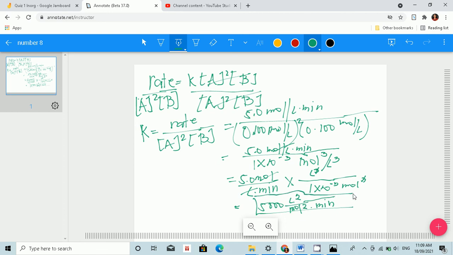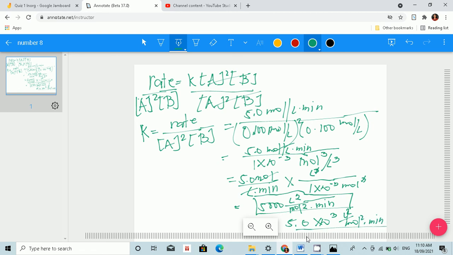So that's our answer, or we can write that in scientific notation: 5.0 times 10 to the 3, positive, liter squared per mole squared minute.